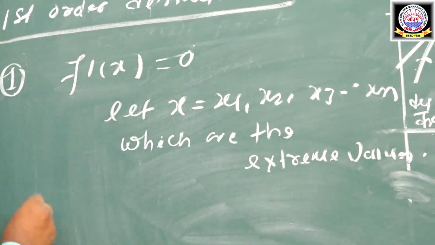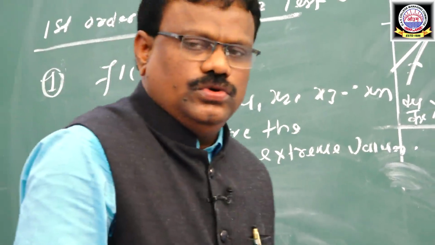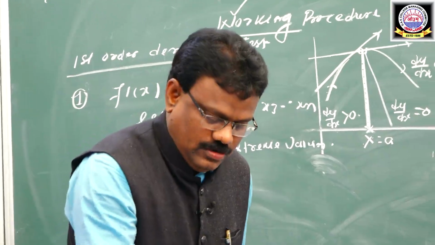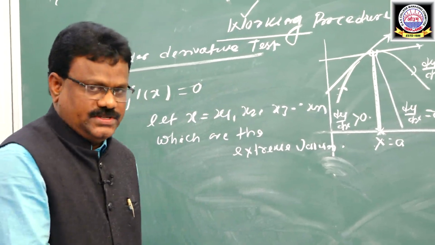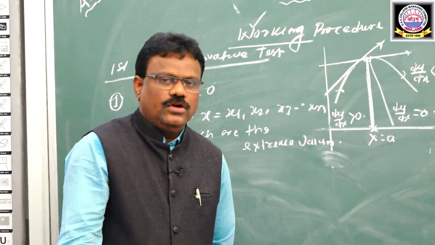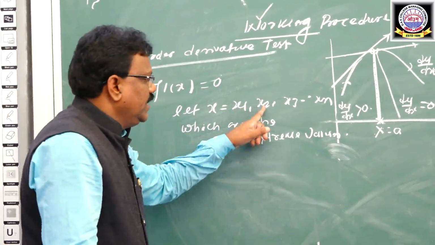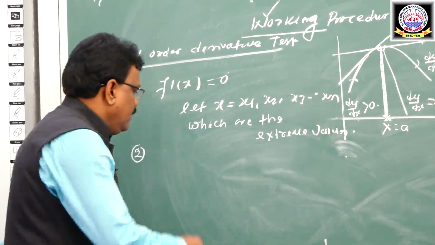So by putting the derivative equal to 0 and solving for x, we get these extreme points, where the function may attain a local maxima or a local minima, and these points are x1, x2, x3, xn. Correct?